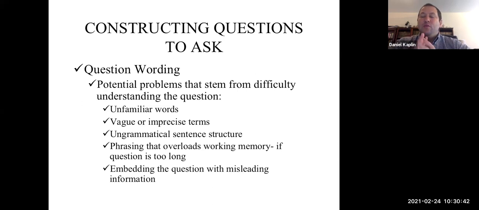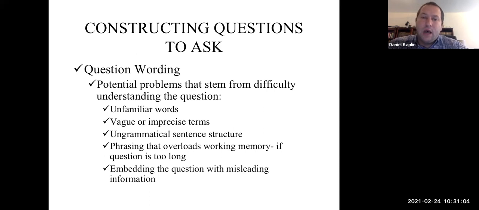The next thing you want to consider is how you construct your questions. And there are many factors that will creep into your questionnaire that could create bias. So the first thing I want you to think about is the question wording.